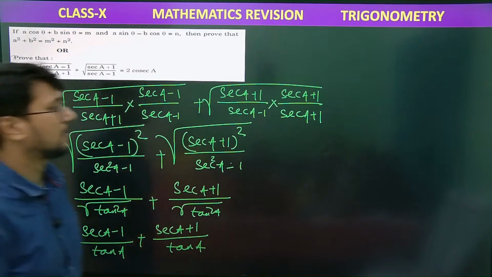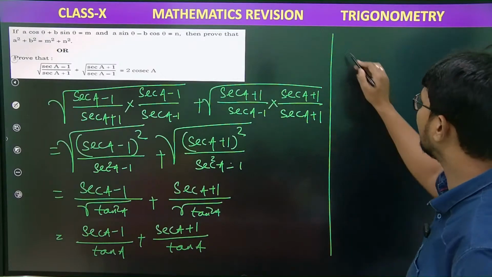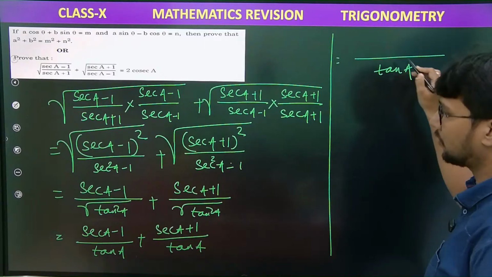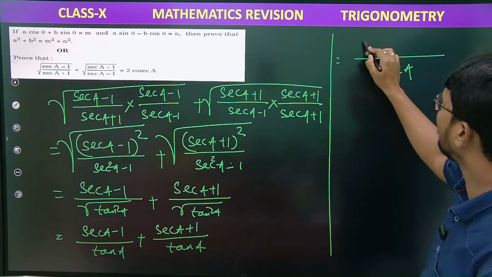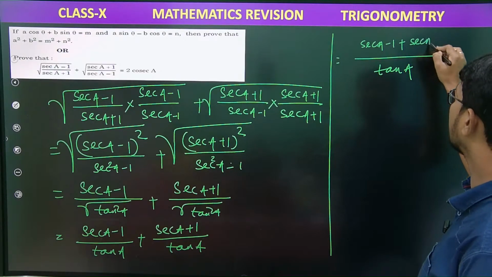Done. Okay. Now let us take LCM tan a. LCM is tan a. Okay, very good. And the numerator becomes sec a minus 1 plus sec a plus 1.